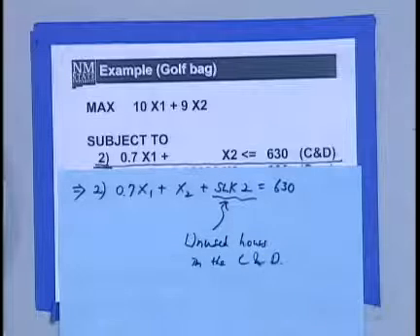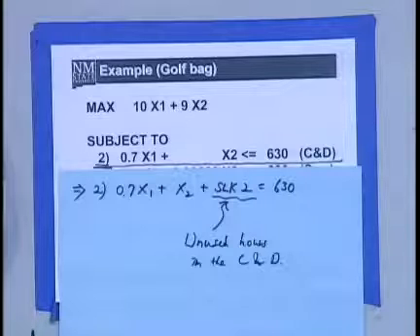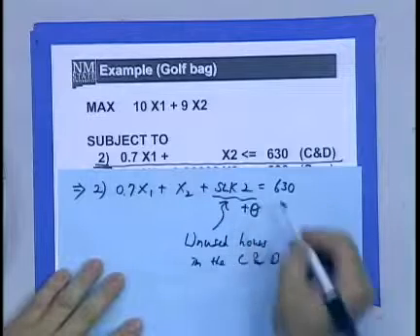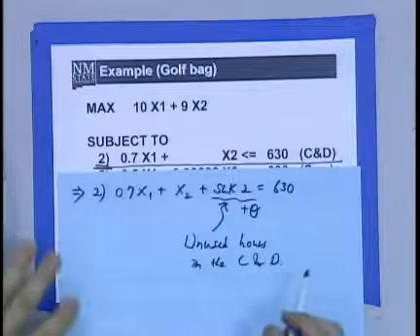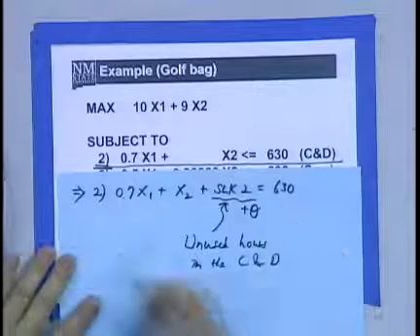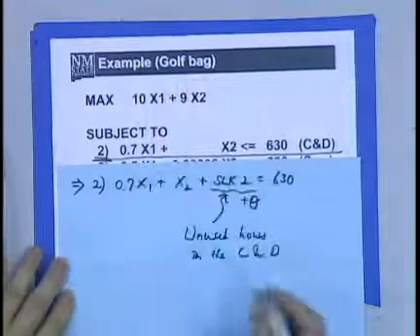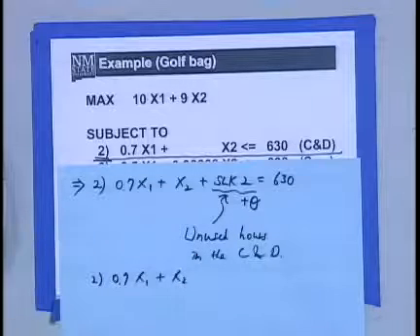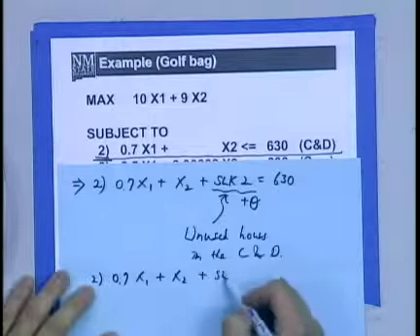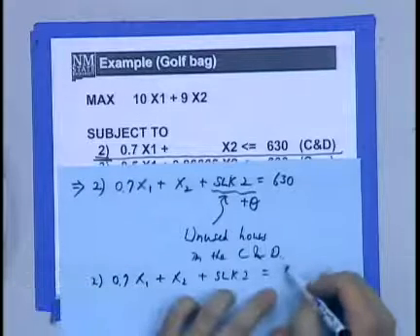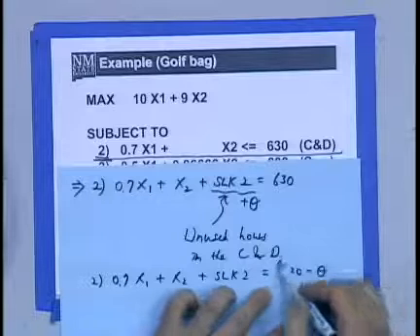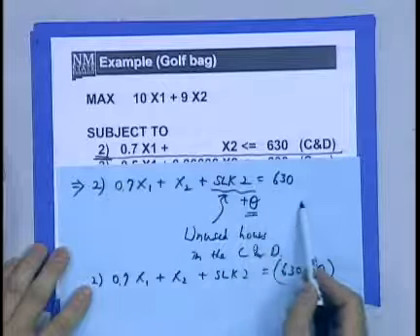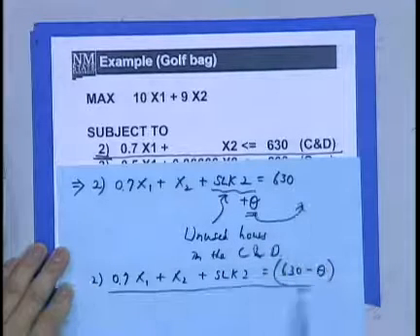If this slack 2 were increased by theta, for example, plus theta, then this equation becomes 0.7 x1 plus x2 plus slack 2 equals 630 minus theta, right? I just move theta to the right-hand side. Then we will have this. Is that correct?